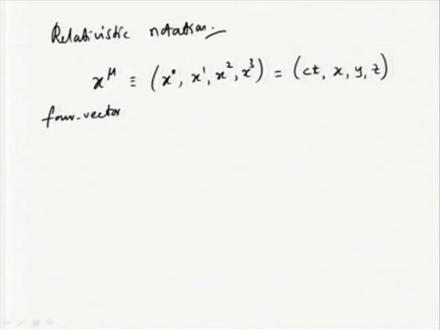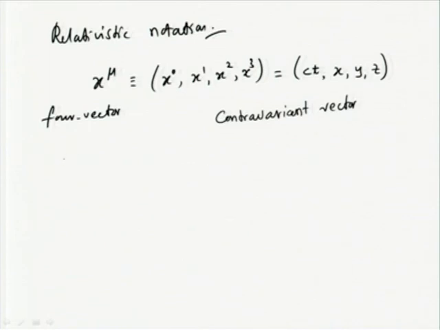We call this a 4 vector representing position coordinate. Now, there are 2 ways to write this. When we represent it with an index mu, I can write it either as a subscript or as a superscript. And what is given here, we have written it as a superscript, and therefore, this is basically called a contravariant vector with upper index.